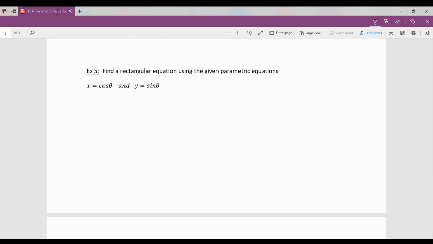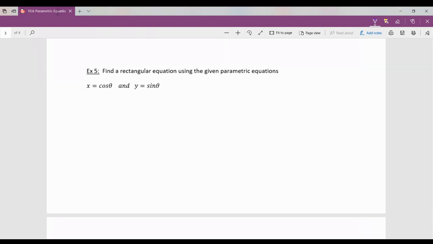All right, on to these ones where we have rectangular equations. We're looking for rectangular equations when we're given parametric equations. This is what we dealt with a couple chapters ago, where we were dealing with the unit circle. We found that x is equal to cosine of theta and y is equal to sine of theta. I started out with this one just to connect concepts for you guys.